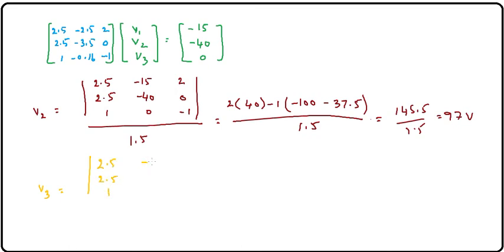2.5, minus 2.5, minus 3.5, minus 0.16, and minus 15, minus 40 and 0. This is the constant column, divided by 1.5. Same as before, let me proceed with the third column.